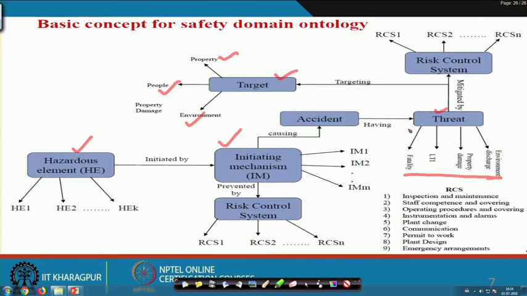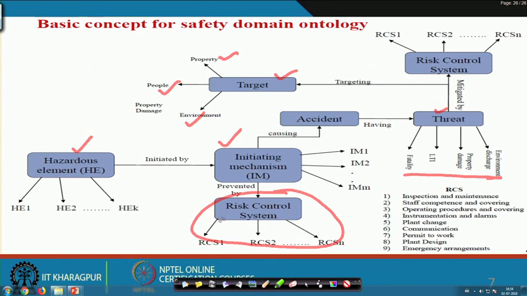Once I know the path, I have to break this path. Breaking of this path is done by the risk control system. So, does your system have a sufficient amount of risk control measures to prevent the accident?